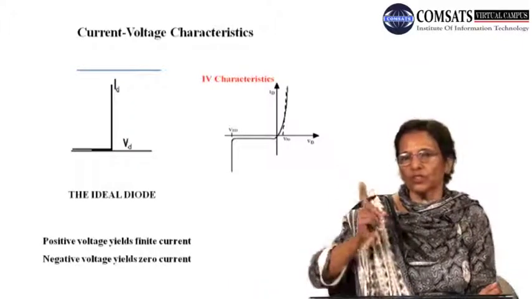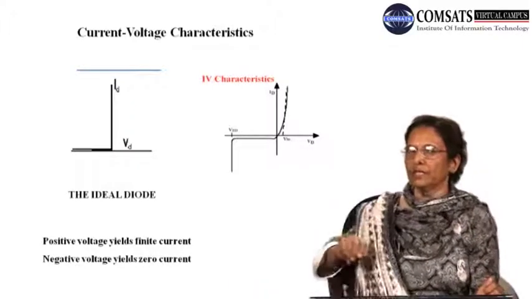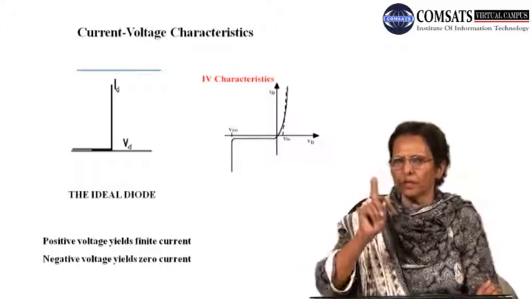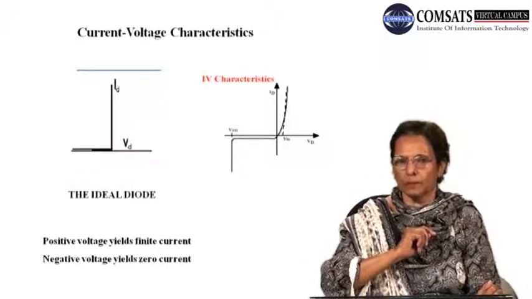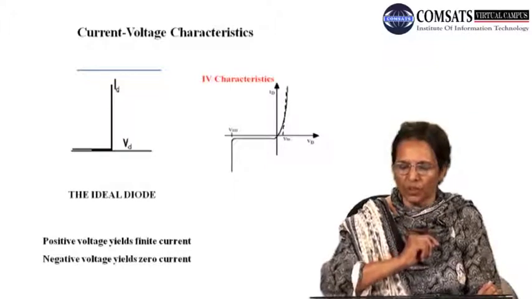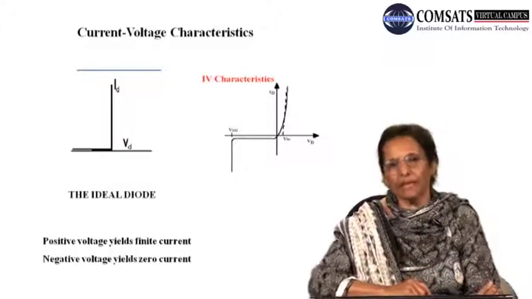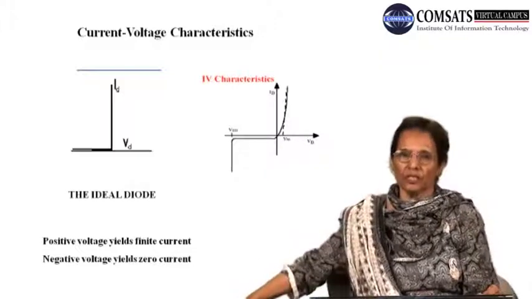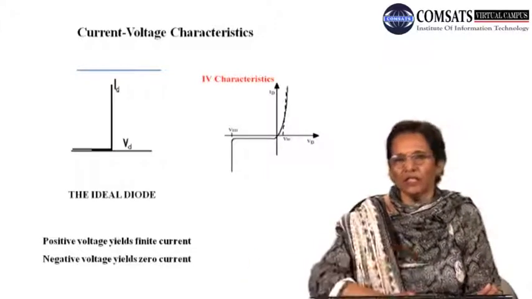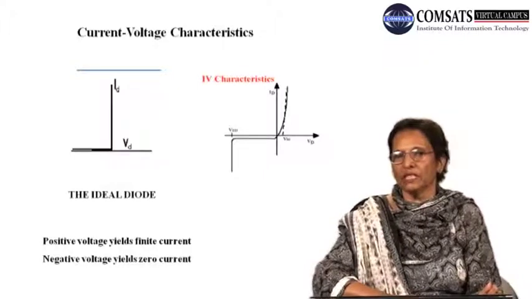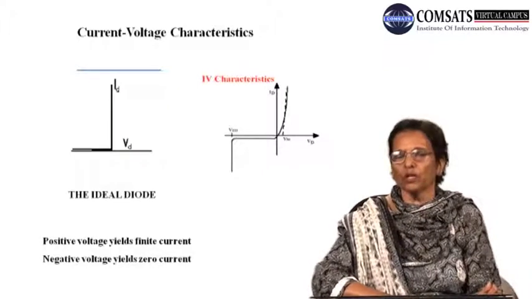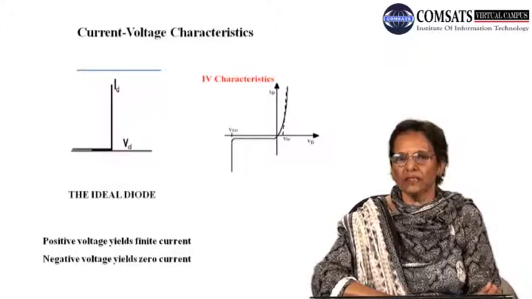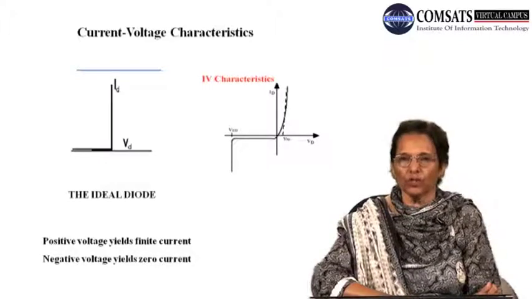Then you also notice on the right side of the slide that at a particular reverse bias potential, which I have called BD, breakdown potential, the current shoots down significantly. This tremendous or enormous increase in the reverse current at some voltage is termed as the breakdown voltage of the junction.